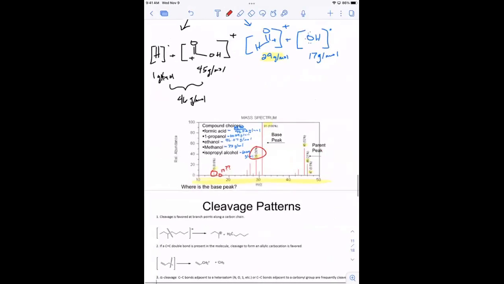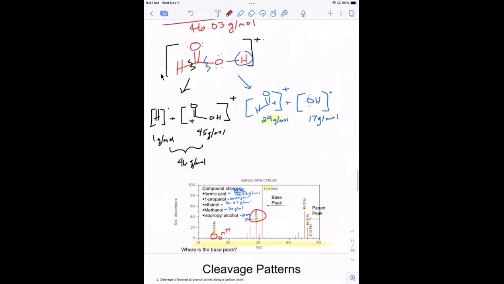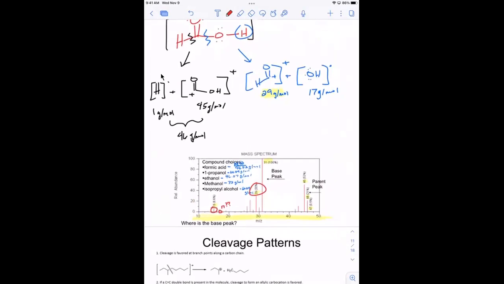But how do we account for that big giant peak at 31? Can we account for it with this molecule if these are all the fragments we can get, if I can't break it up into any other pieces? And even past that, what would I have to subtract from 46 to get 31?